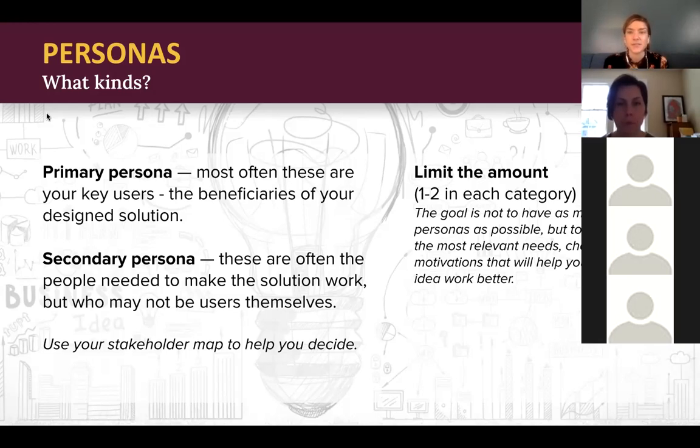And this will come up along with the details of how much detail to put in. It's not your goal to get the full gamut of as much diversity of personas as possible, but it's really to help us focus. The real main point of having a persona in general is to help us focus on those most relevant needs, challenges and motivations that are going to help you make this specific idea work better.